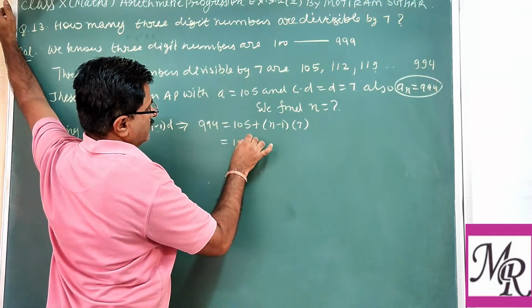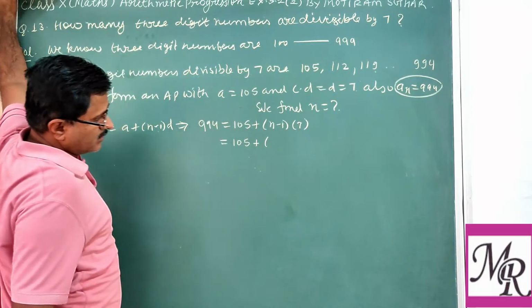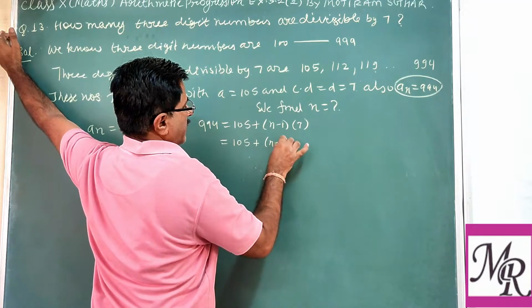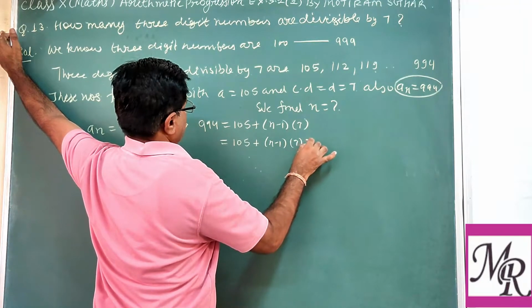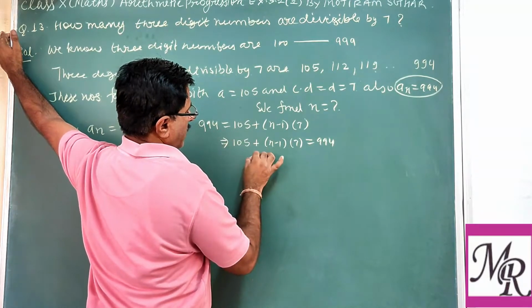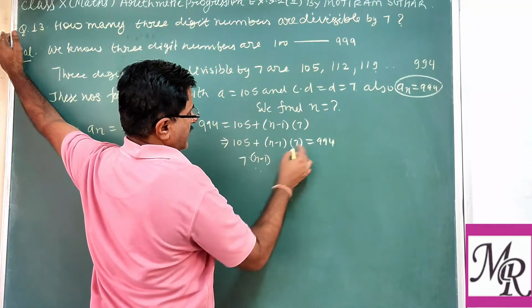So 105 plus n minus 1 into 7 equals 994. 105 transferred to the other side.